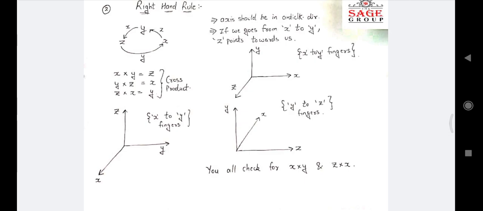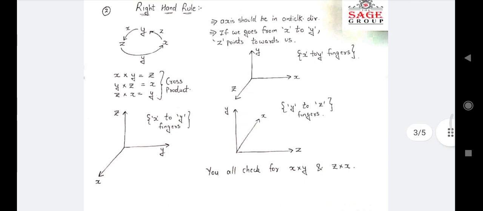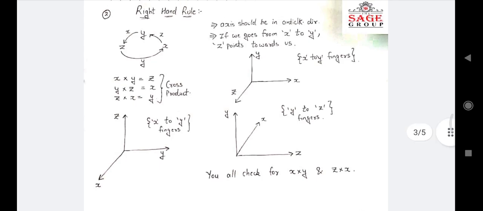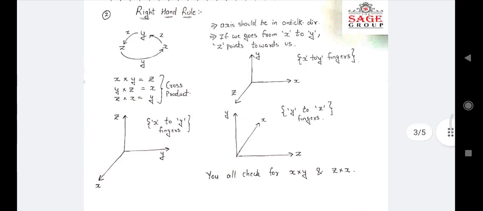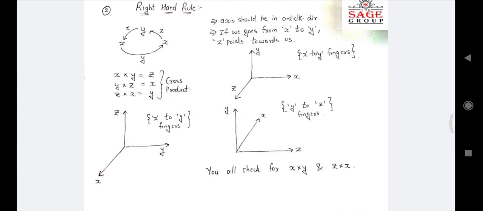If you put up your palm in front of you, your thumb points in the direction of the third axis, and when you curl the fingers on the palm, the curling fingers decide the two other axes. The curling fingers decide that we are going from x to y, then the thumb decides that z is the direction which is coming out from the screen.